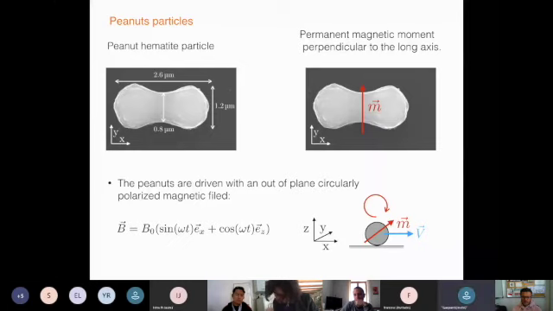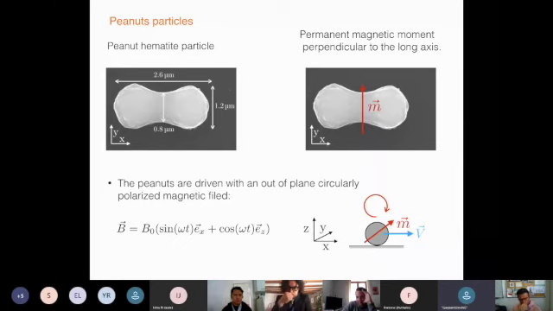Unlike the nanorods, those particles have a permanent magnetic moment, but this moment is perpendicular to the long axis. So this means that the configuration which is magnetically favorable coincides with the position with the lowest drag coefficient.